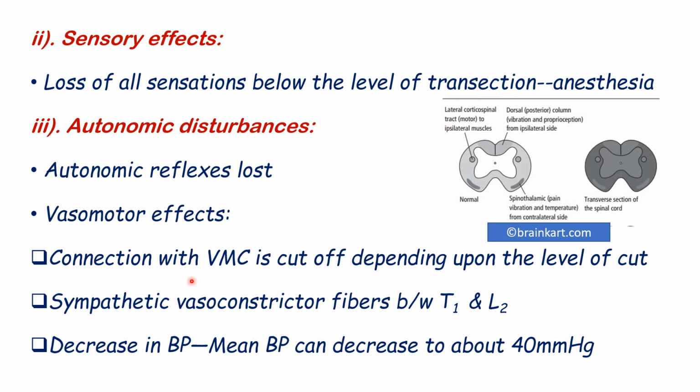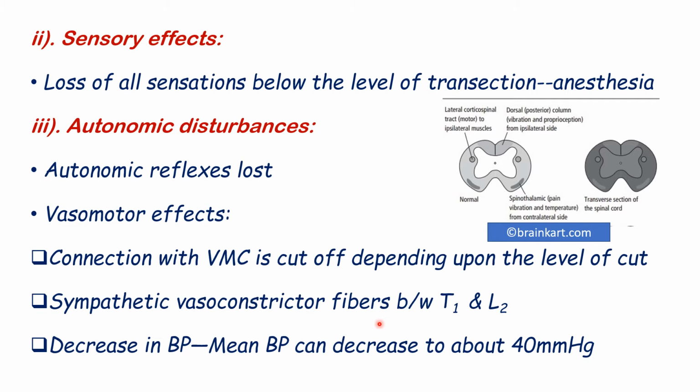The connection with the vasomotor center is cut off depending upon the level of the cut. So sympathetic vasoconstrictor fibers between T1 and L2 are affected, but if the cut is below L2, these vasoconstrictor fibers will not be affected. So the connection of the vasomotor center to the thoracolumbar sympathetic cord is not there.